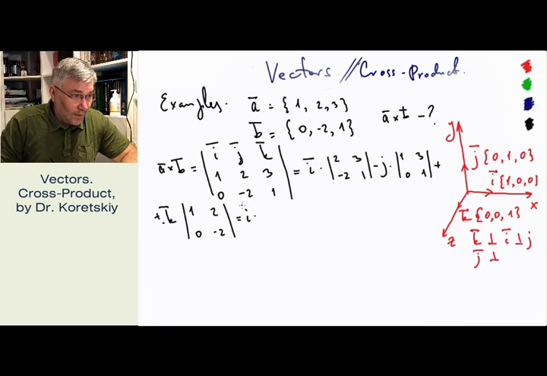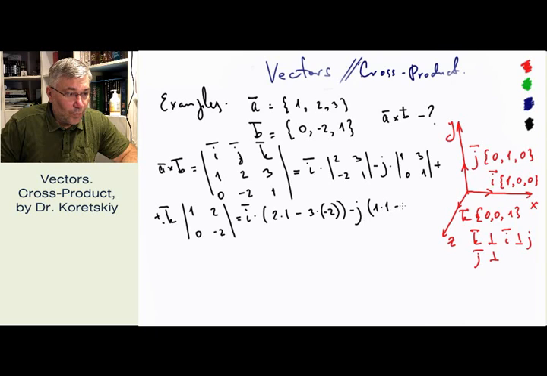And we have i times, using cross multiplication here, 2 times 1 minus 3 times minus 2, extra parentheses, minus j times 1 times 1 minus 3 times 0. Don't forget about the bar here because j is a vector.